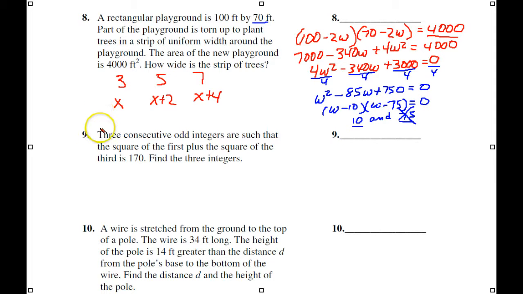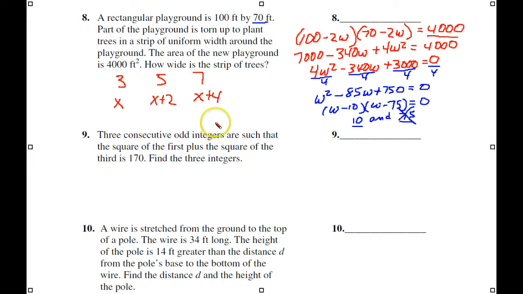Now for number 9, let's go on. 3 consecutive odd integers. This is a review from chapter 2. Well, if the first integer is 3, we could say that is x. The second integer is 5, that's x plus 2. Third integer is 7. These are 3 consecutive odd integers, x plus 4.